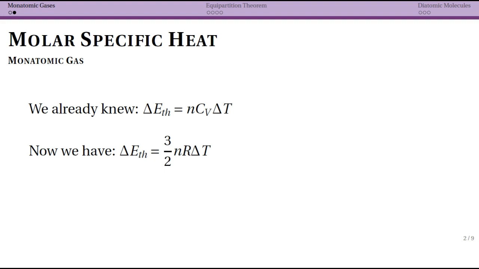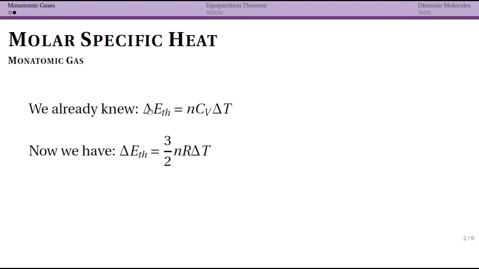Now that we have a relationship between our thermal energy and our molecular kinetic energy, which we related to temperature, we now can actually understand a little bit better where specific heat comes from and why these coefficients seem to be pretty much constant.